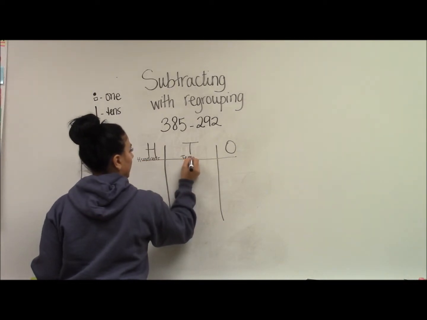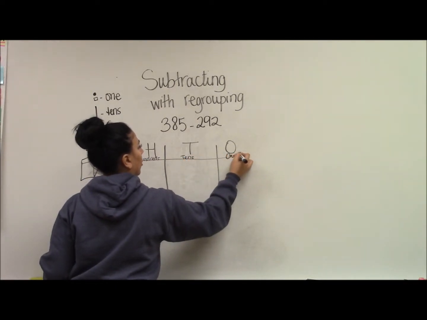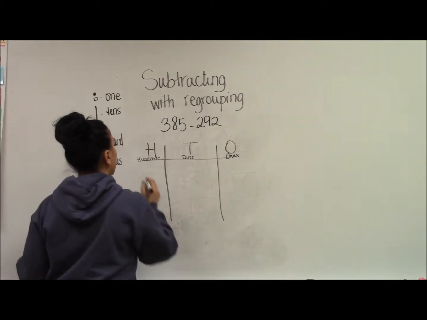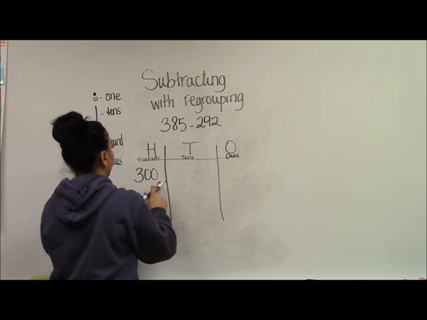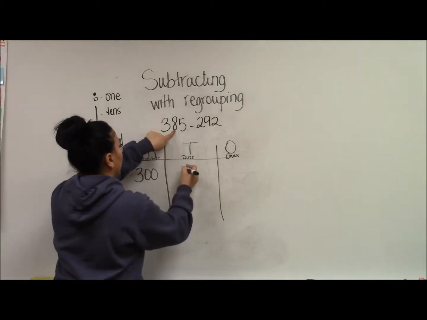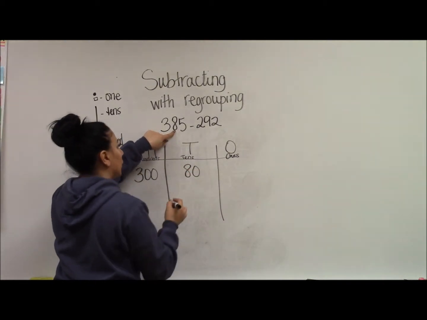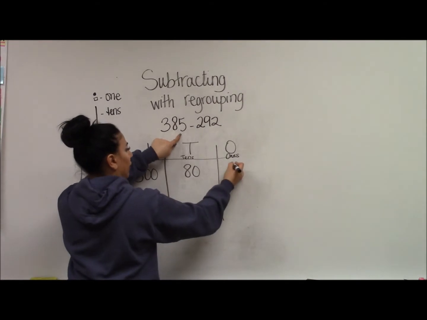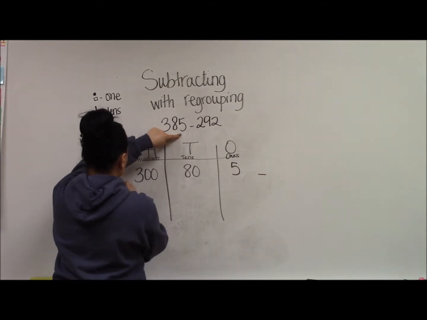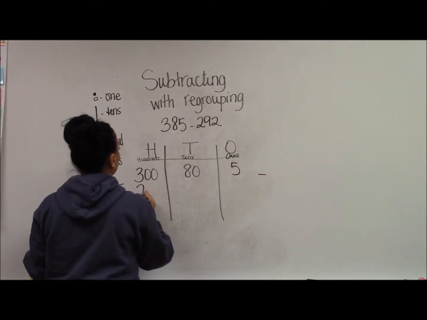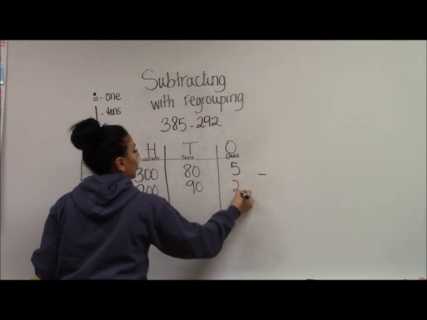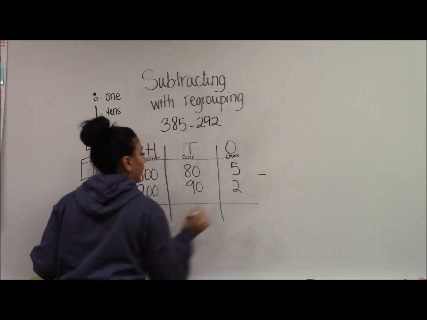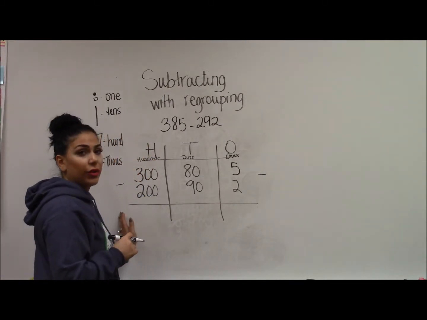So again, I'm going to represent my number, and so I'm going to write it out, and so I have 3 hundreds, I have 8 tens, or 80, I have 5 ones, and I'm going to take away 292 from 385.